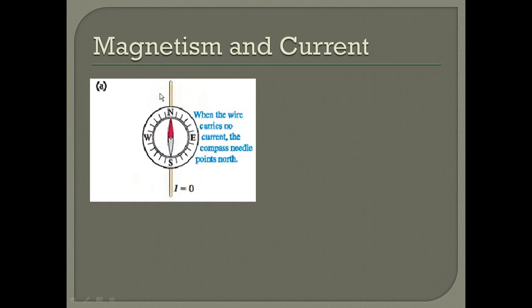So Ørsted concludes that if a current carrying conductor influences the magnetism of a compass needle, this means that a current carrying conductor could be a source of magnetism in itself.